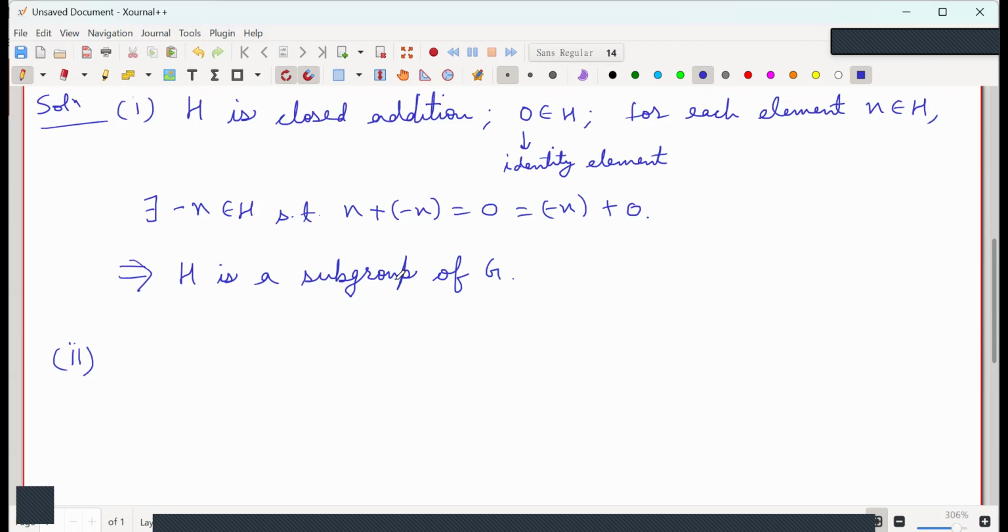You're right. Again, H is closed under matrix multiplication, because in matrix multiplication, each entry will be just product and sum of rational numbers, which is again a rational number. Closed under matrix multiplication. Let me write like this.